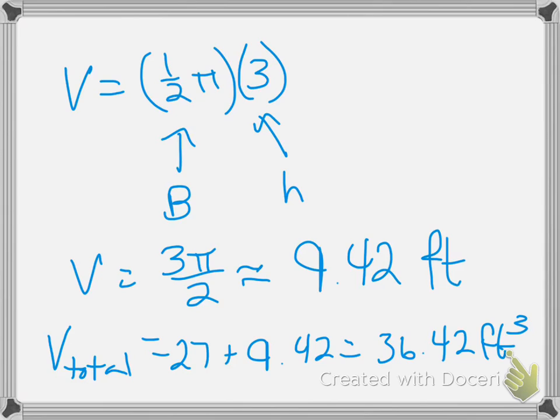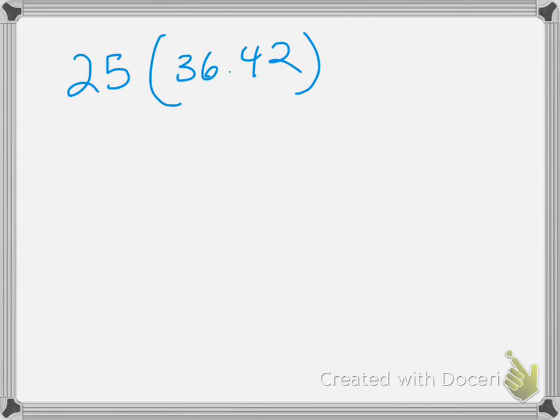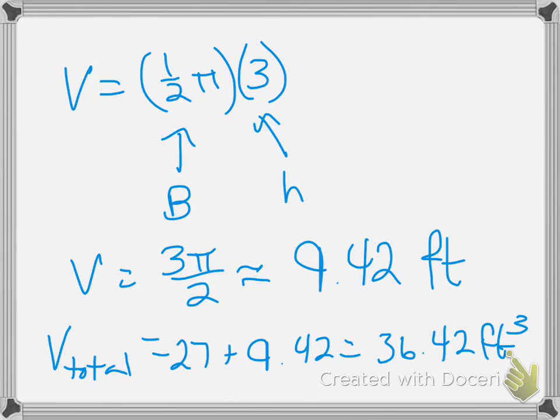But then, that's not all, because there are 25 of them. So, we have 25 times 36.42 is going to be 910.5 cubic feet of trash.